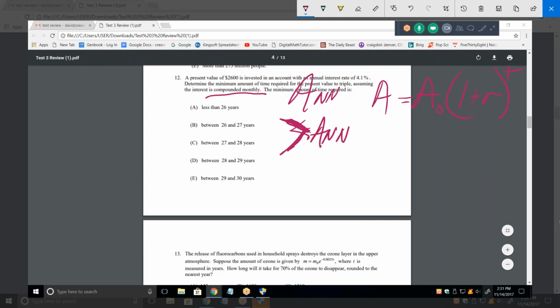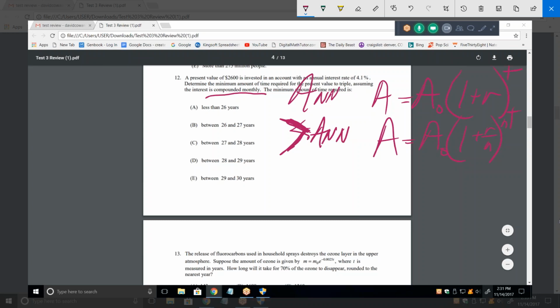In other words, let's say they're compounding quarterly or monthly. Well, that's more frequently than annual, and the equation changes. It's this one right here. Now, let's talk about that one.